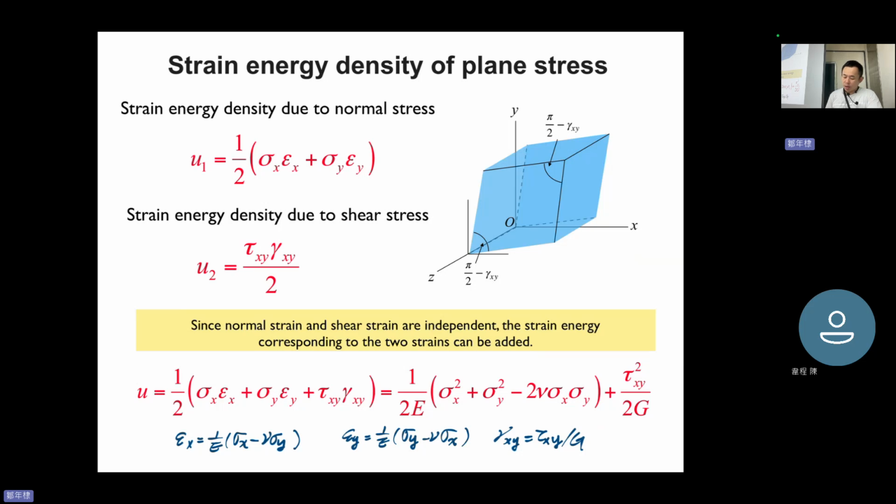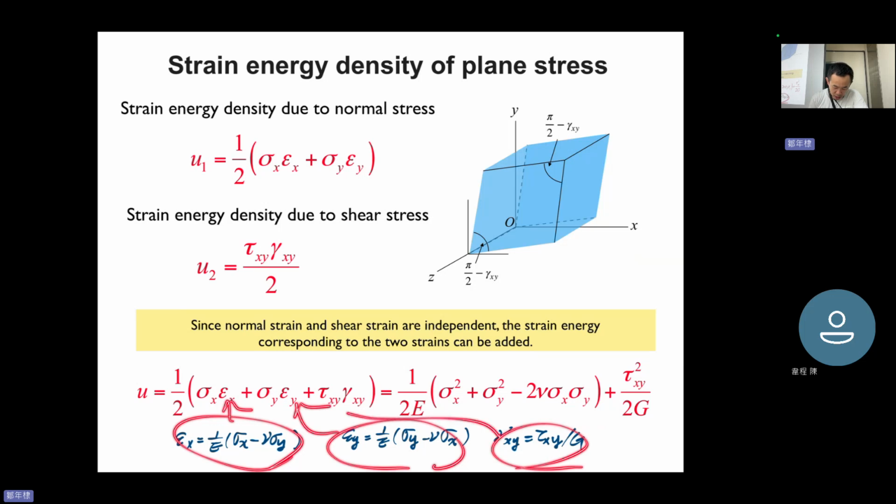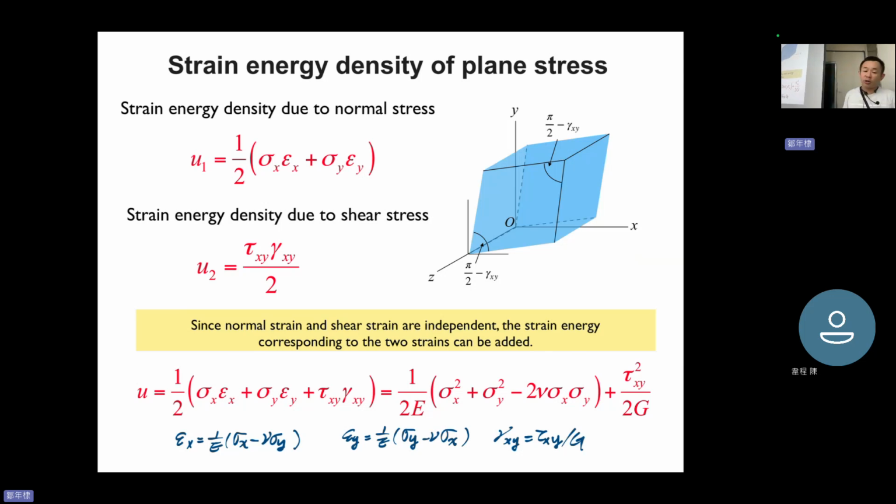So if we know this, we can substitute it, and then we can get the final form where no epsilon is required. All we need to do is add sigma x, sigma y, and tau xy. Of course, we need some material properties, E and G and nu.